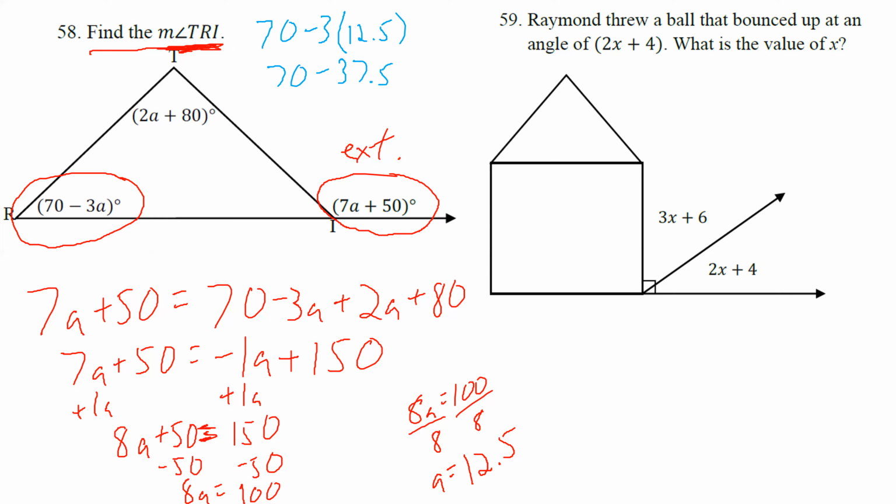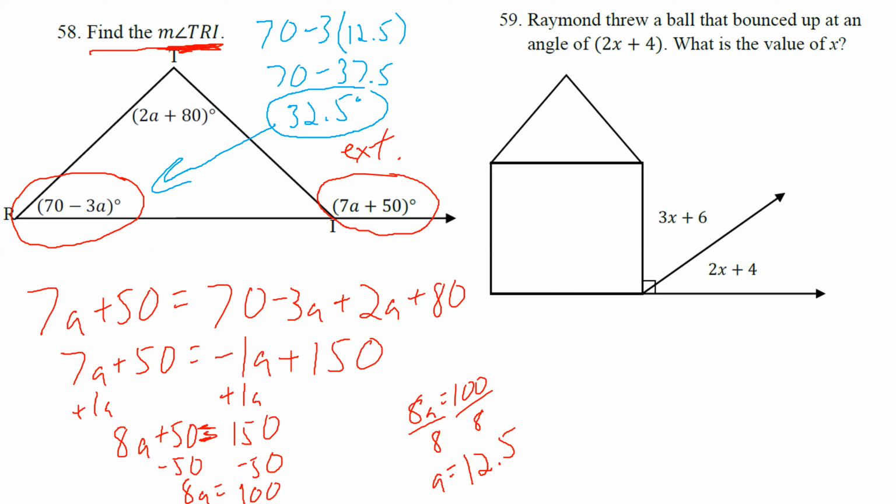And then subtract off the 37.5, which is going to give us 32.5. Did I do that right? Yep. All right. Moving on to 59. So again, that's for 58. That was our final answer for that angle.